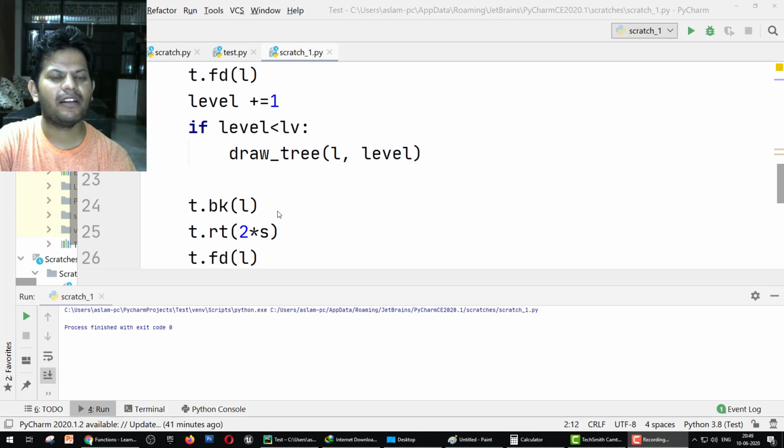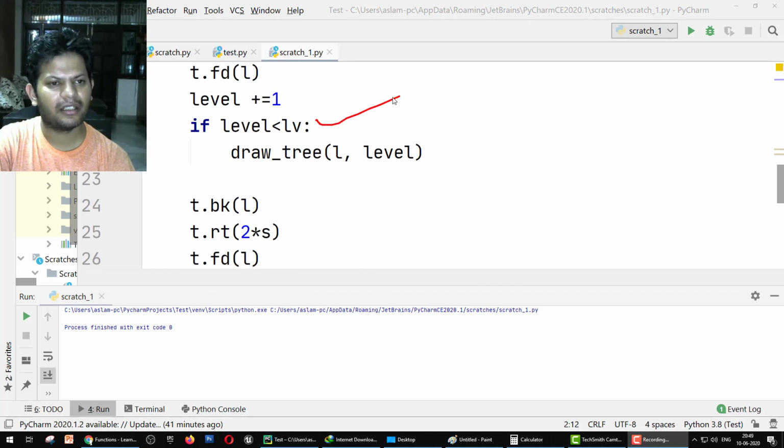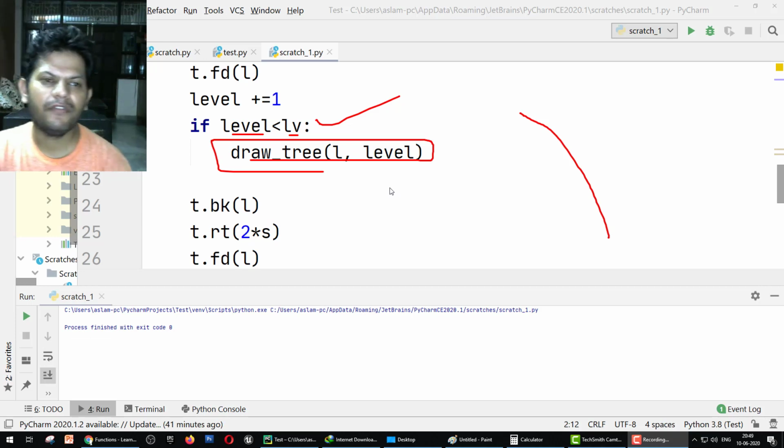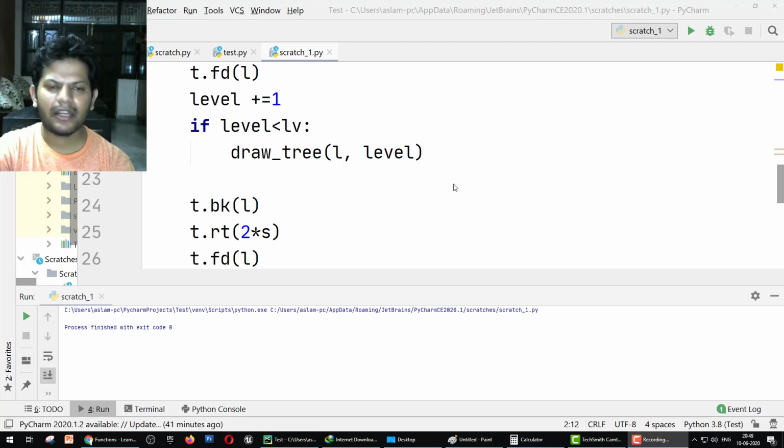Okay, when 11 steps are completed, then what happens if the level, it means level means step, if we draw 11 steps, less than this 11, then draw like that, forward backward. If the level is more than 11, then what he does, he goes backward L distance. I explain again. His first step is 100, second is 75, then less, then less, then less. Okay, now the step is less than 11.